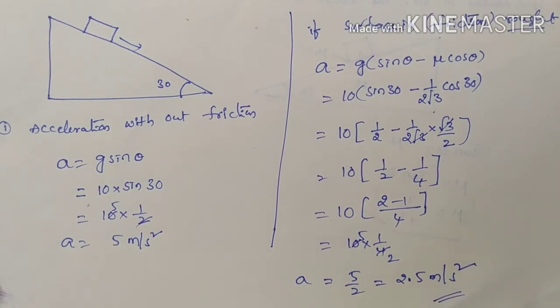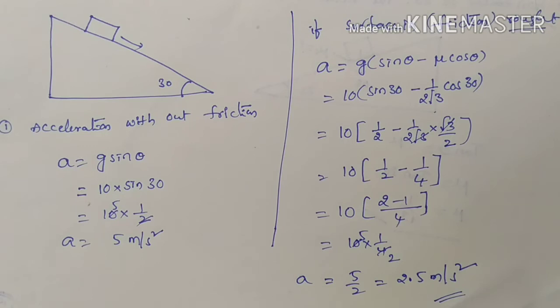So this is the acceleration while the block moves down on a rough inclined plane. So those are the values. On a smooth surface, acceleration is equal to 5 meter per second square, and on a rough surface, acceleration is equal to 2.5 meter per second square.